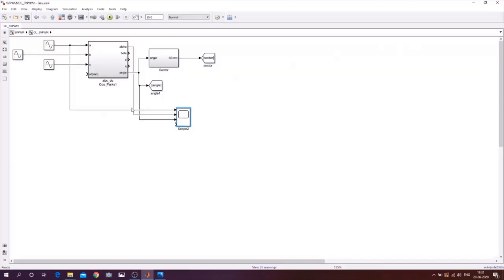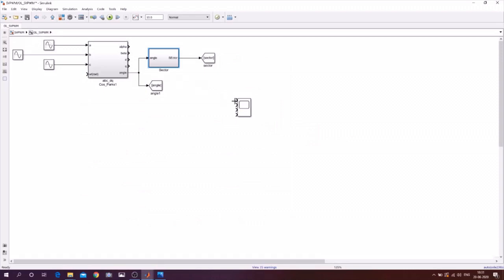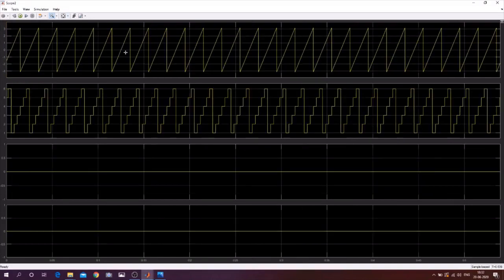Okay, then what happens? Then from the angle we have done the sector determination. So in sector determination, if this one is the angle, then what would the sector look like? Let us check. Yes, so this is the angle.